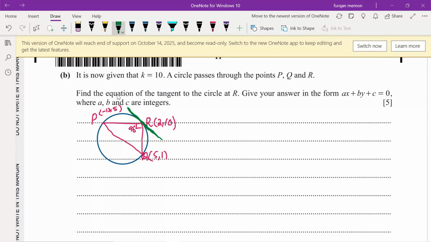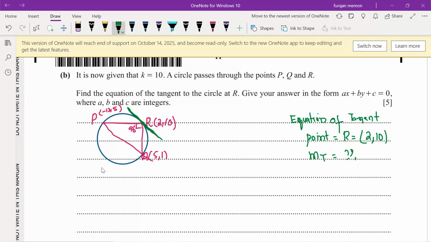We know that to find the equation of the tangent, we need two things: the point, which is R, and this one is (2, 10), and we need the slope of the tangent. In this case, we have the point and we need to find the slope of the tangent.